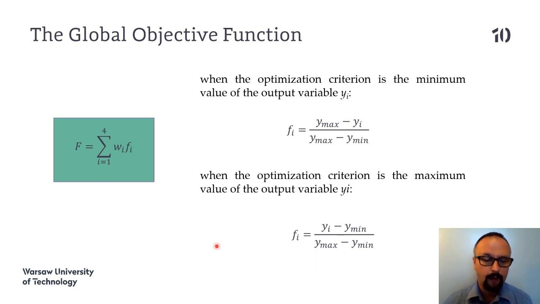And of course, for our optimization, we need to define the so-called global objective function, which in our case is just a sum of these normalized criteria multiplied by their weights. So it's just a sum of these multiplications.